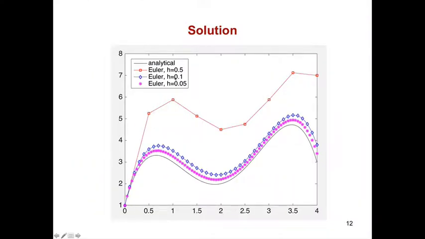So this is my 0.5, okay, so I'm quite a bit away. This is my analytical solution, okay? So this is quite a bit of distance away. But if I go to 0.1, I'm going to get closer. And as I reduce h, I'm going to be closer to the actual analytical solution. Okay? And for methods that do this, we can say that they converge.